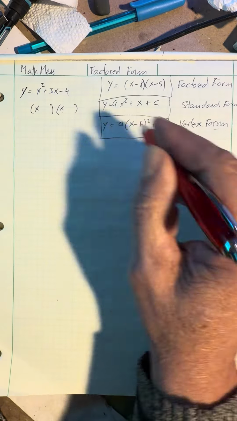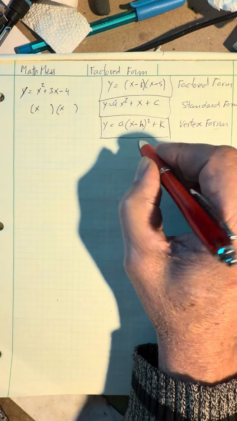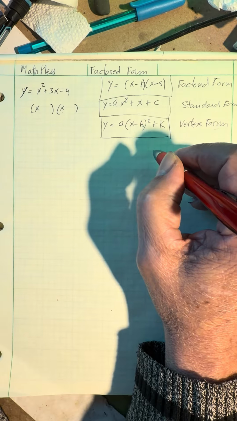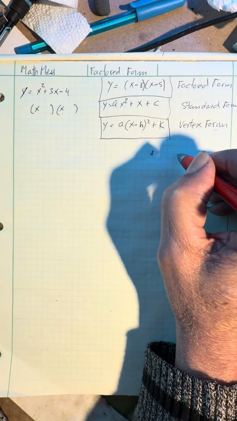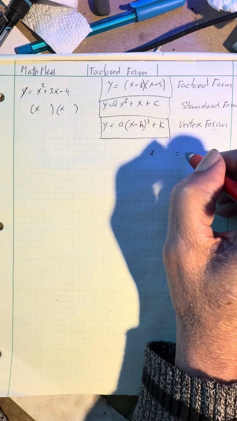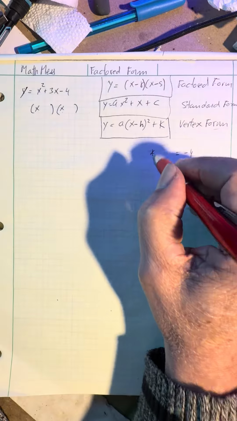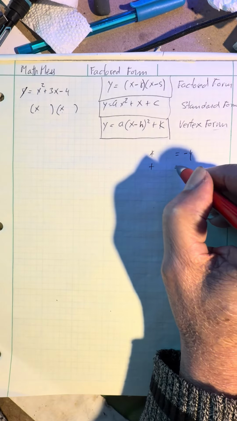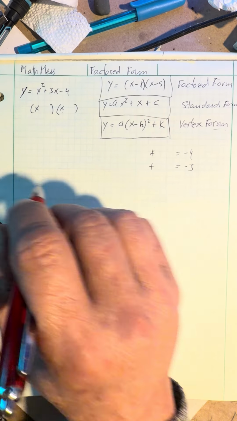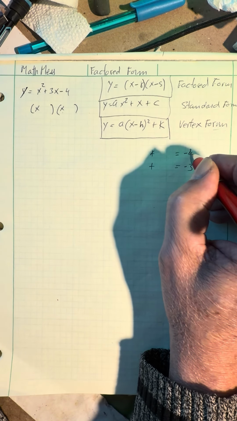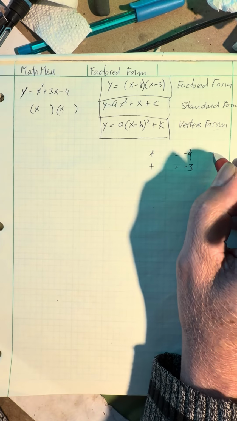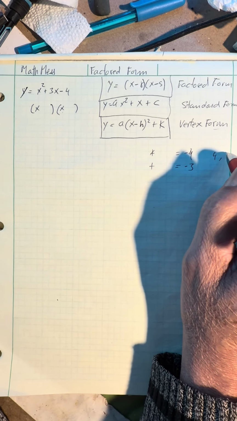We have to find two numbers such that when they're multiplied we get minus 4, and when they're added we get plus 3. There's only one pair that can do that: 4 and 1.